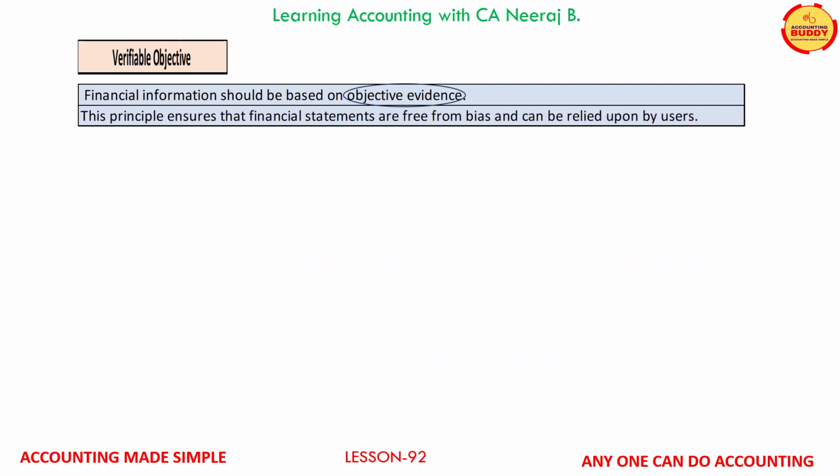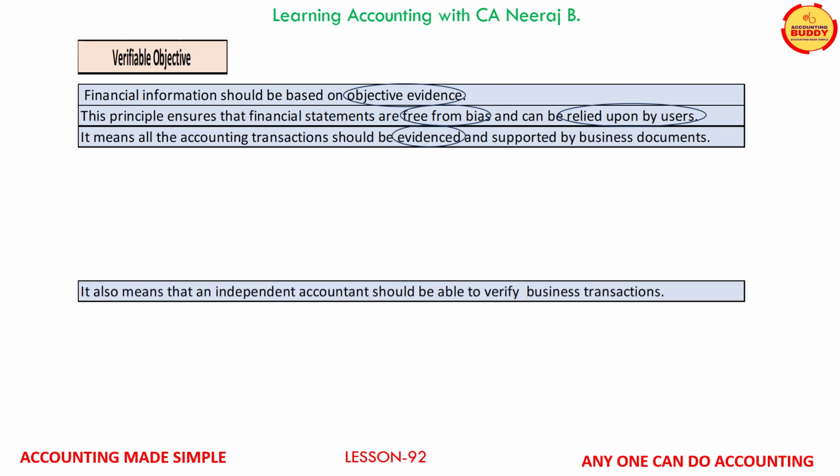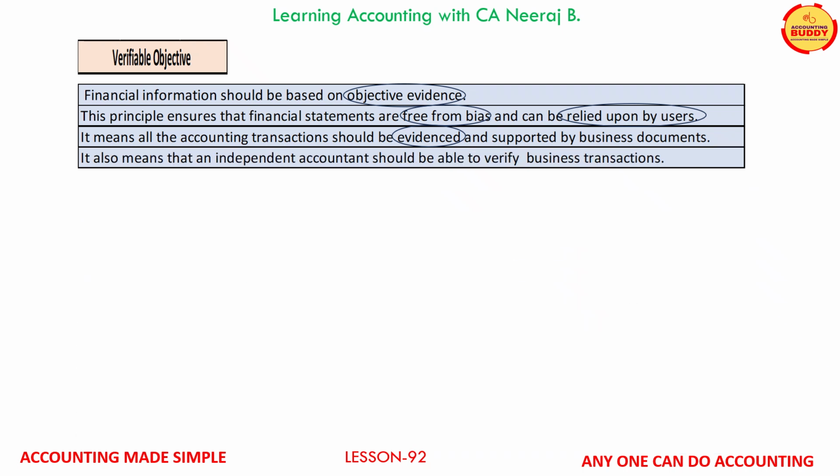Thus, this principle ensures that the financial statements are free from bias and can be relied upon by the users. This principle ensures that without any exception, every business transaction should be evidenced and supported by a document. It also means that at all times, an independent accountant should be able to verify the business transaction.